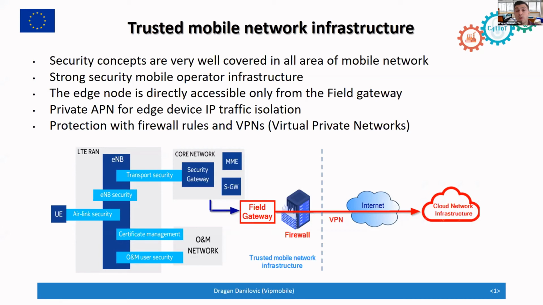We protect our field gateway, which is a stronger hardware device, and a set of firewall rules and VPNs could give us additional protection when the device sends data during the offloading procedure to the cloud.